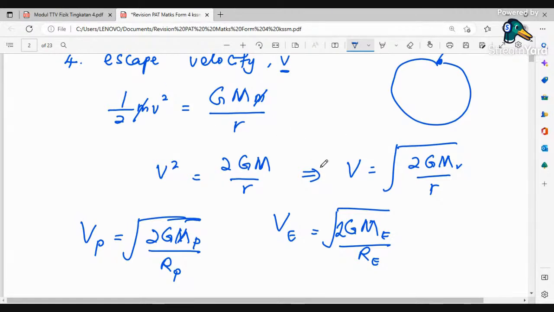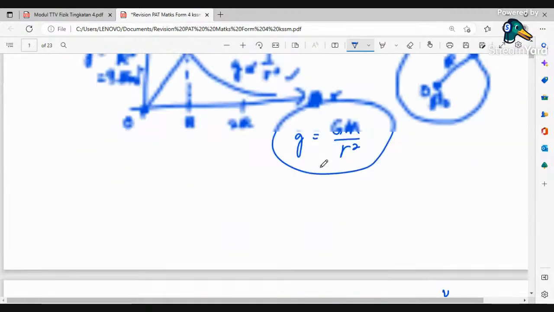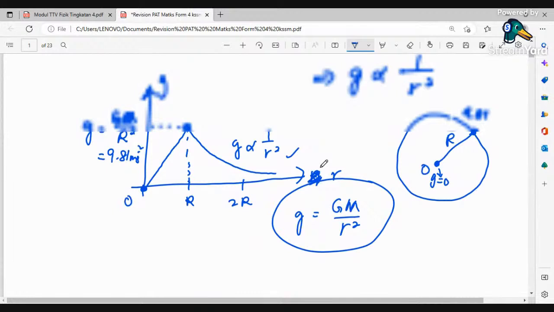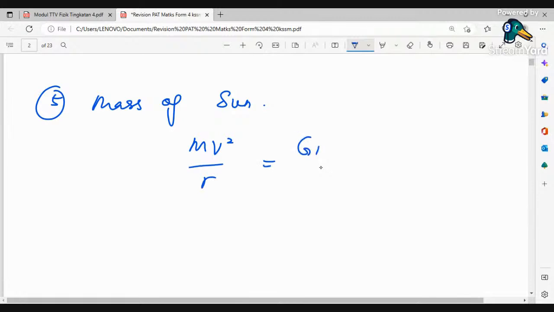So that is overall, and then there is one more formula, for the mass of the sun, which is actually the same formula. You can use the centripetal force again. This is the fifth one. If you want to find the mass of the sun, you use the earlier formula, mv squared over r equals GMm over r squared.